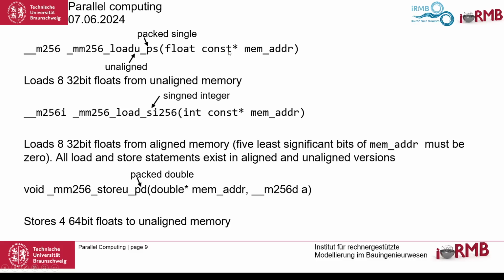The vector is of course aligned, but the memory we are reading from, this float const memory address, may be unaligned. So the last 5 digits of the address don't need to be 0.